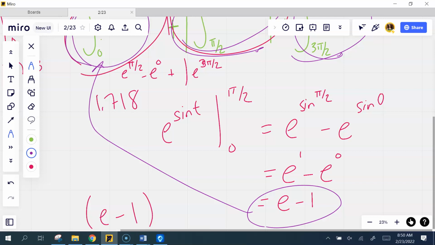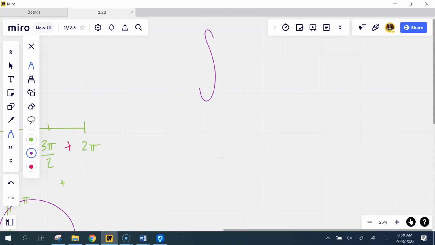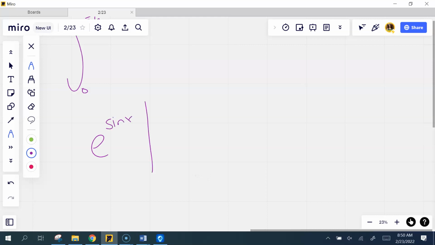Let me do it by hand here. All right, we are 0 to pi over 2, right? And actually, let me do it like this. We know that it's e to the sine x from 0 to pi over 2. Agree?